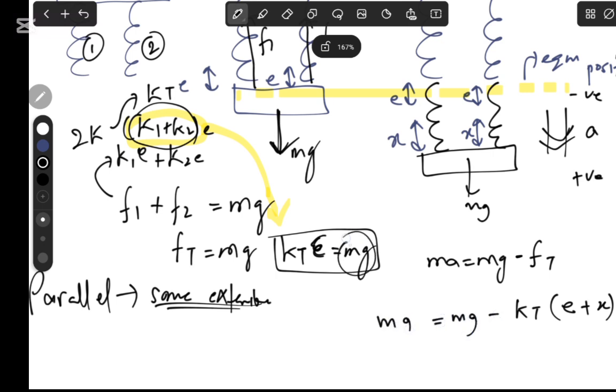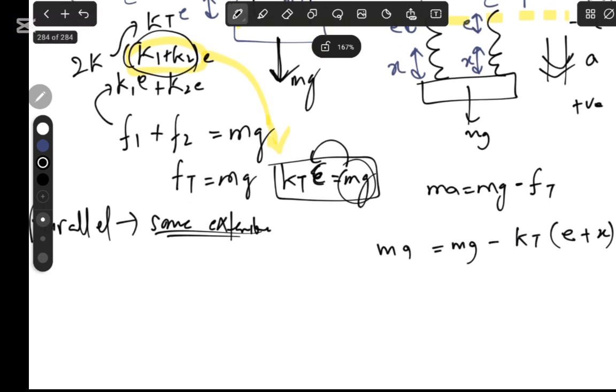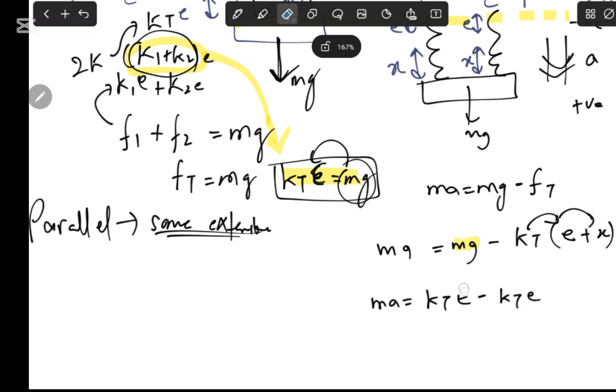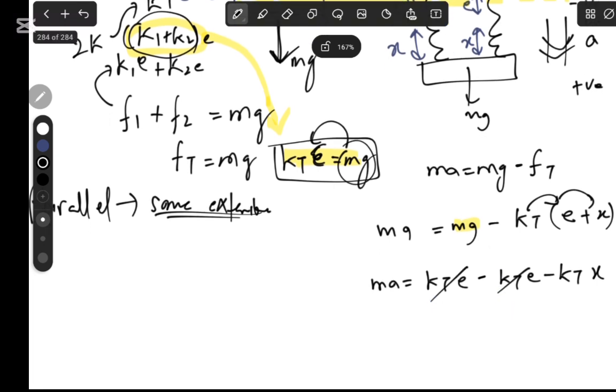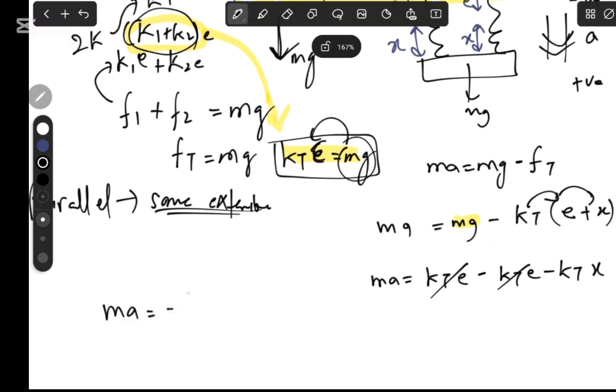Now remember, mg was just equal to K total times the extension, so instead of mg I put in K total E. I get ma equals K total E minus K total E minus K total X. So these two will cancel out, and I get ma equals minus K, spring constant total, X.